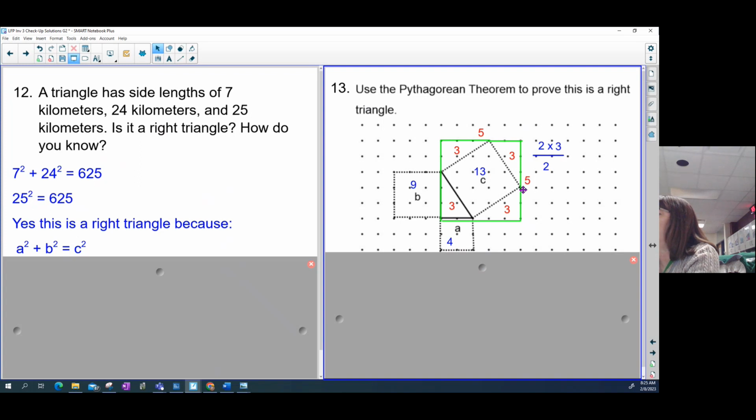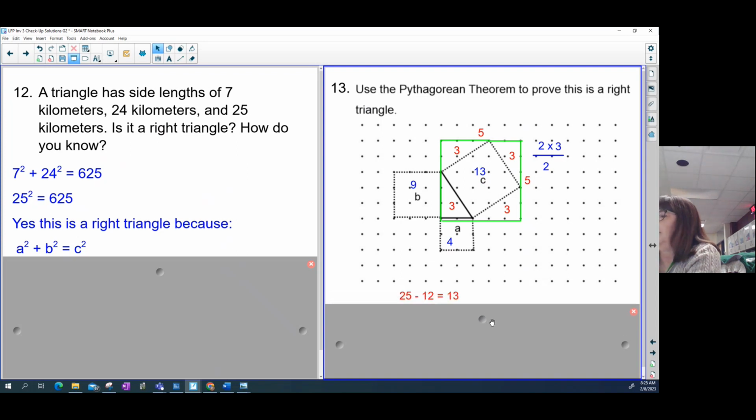5 times 5 gets me my 25, and 25 minus those 4 triangles that each have an area of 3, 25 minus 12 leaves me with 13 for that center, or the c squared. So 25 minus 12 got me that 13.